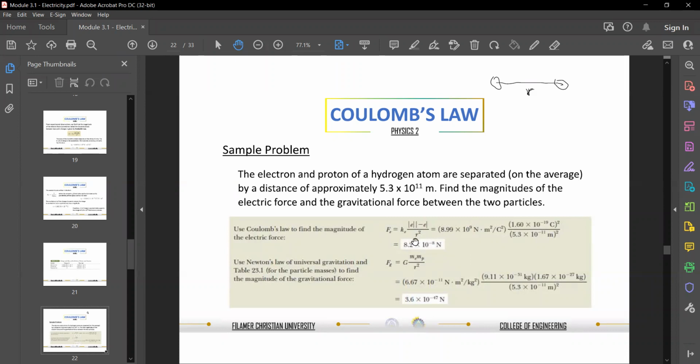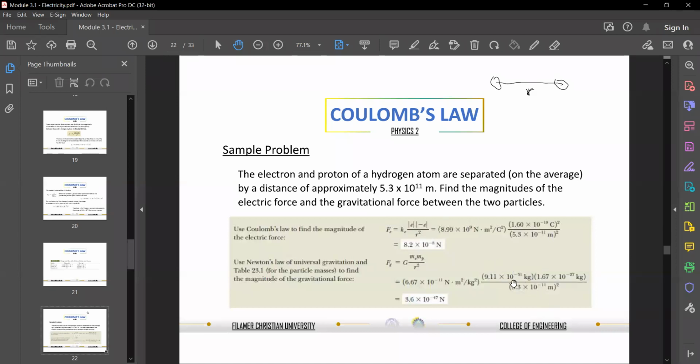For the gravitational force, notice we have the same formula, but in this case we use the mass of the two particles. For mass 1, we have 9.11, and for mass 2, we have 1.67. So this is in terms of the electron and the proton mass of a hydrogen atom.